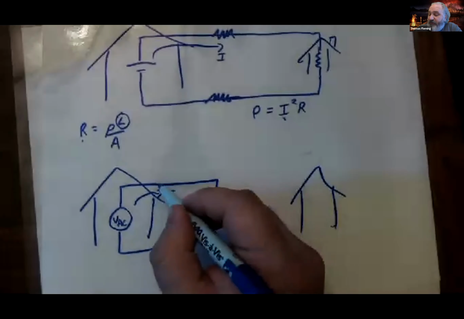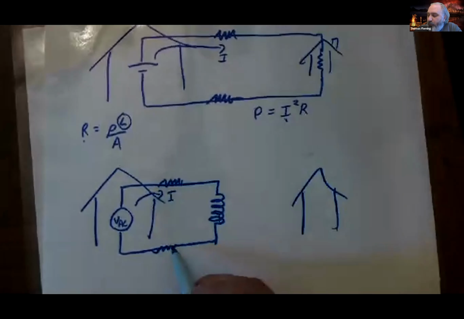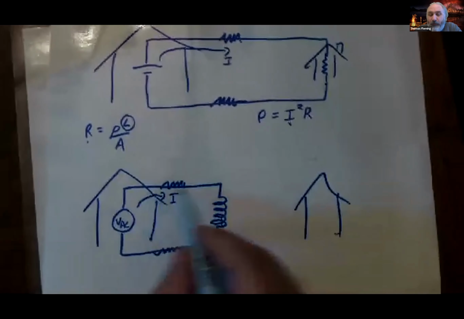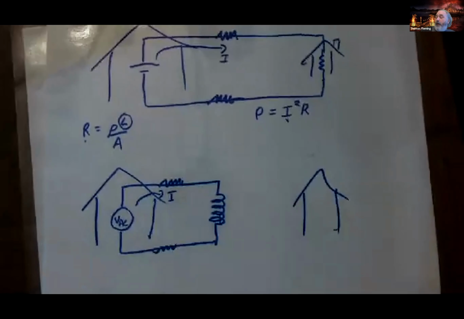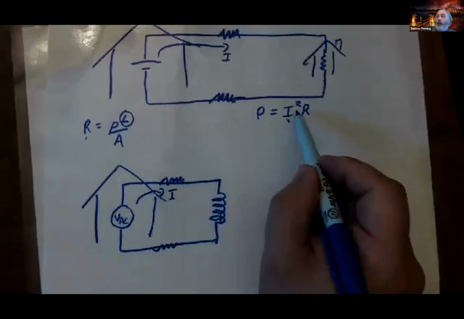And that means that since there's very little current traveling through the power lines, the amount of power lost in the resistance of those power lines is relatively small. By making this 100 or 1,000 times smaller, well, 1,000 squared, oh my God, that's 1,000,000, right?